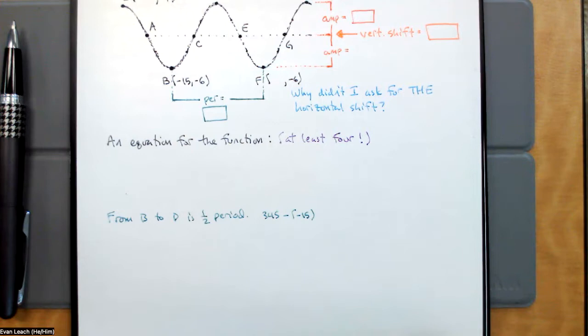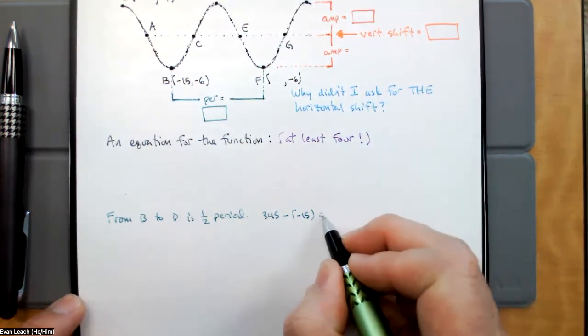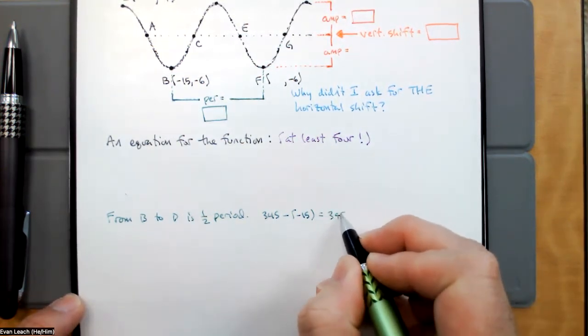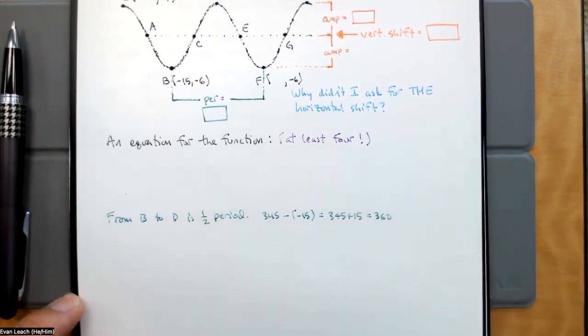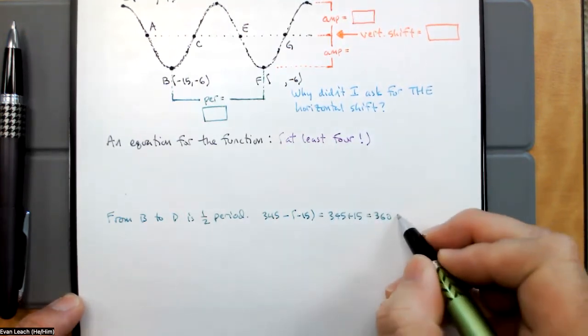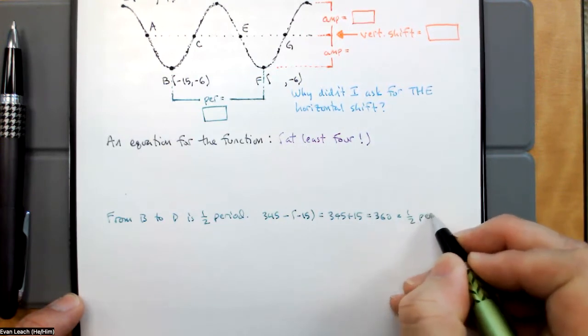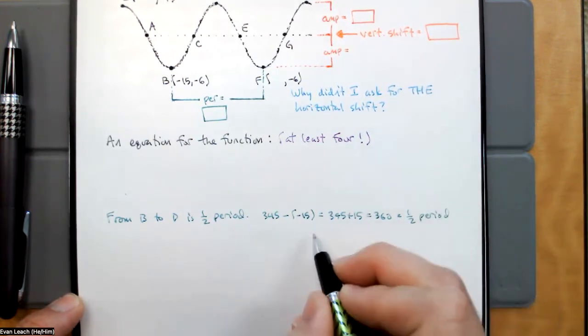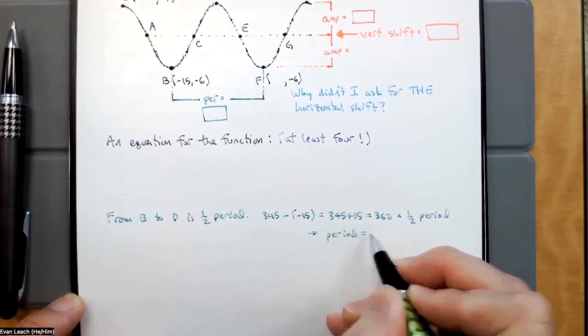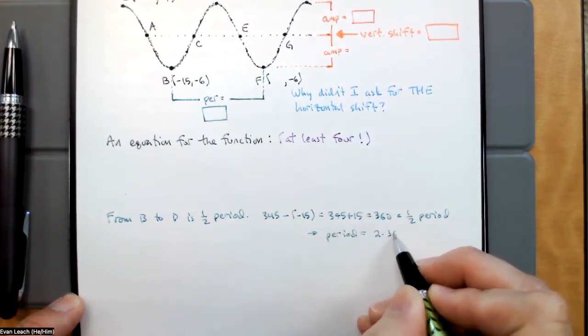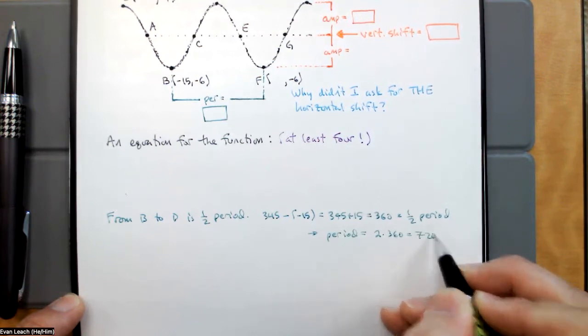You said, "Oh, if I'm going to subtract the negative, that means I'm going to add them." So technically you subtracted them, but that means we added them. So that's why you did 345 plus 15 is 360, but that's half of a period. And so that tells you that the period is 2 times 360, or 720. Awesome.